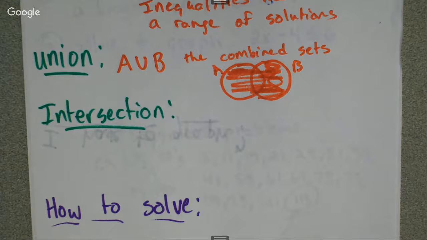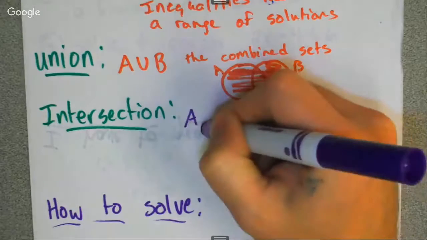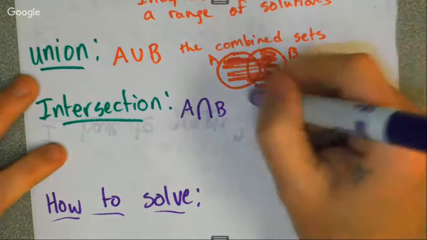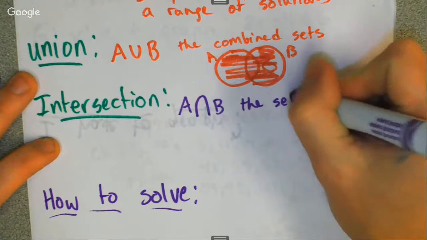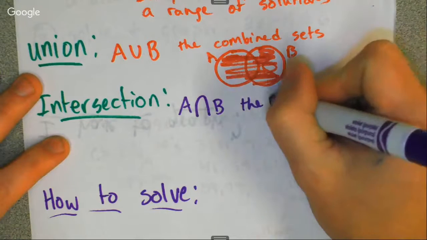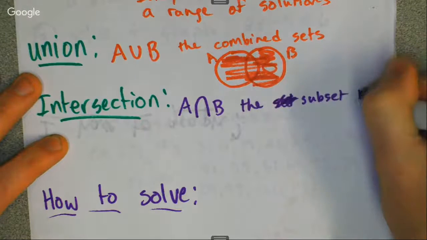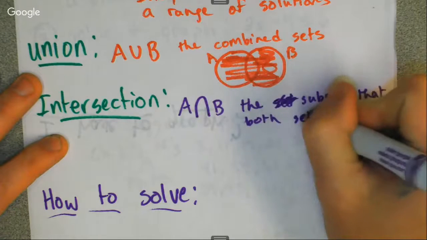We also have an intersection, and an intersection looks like this, and it is the subset that both sets share.